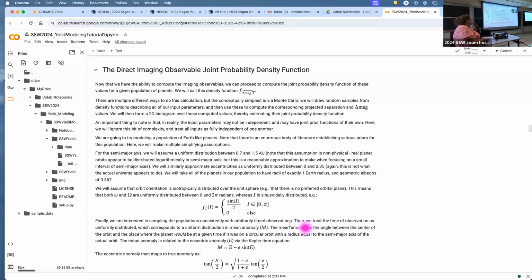That mean anomaly is the angle between the center of the orbit and the place where the planet would be at a given time if it was on a circular orbit of radius of the semi-major axis, i.e., if it didn't have eccentricity. And the mean anomaly is related to the eccentric anomaly, which is capital E, by this equation right here. And then the eccentric anomaly maps to the true anomaly by this equation.